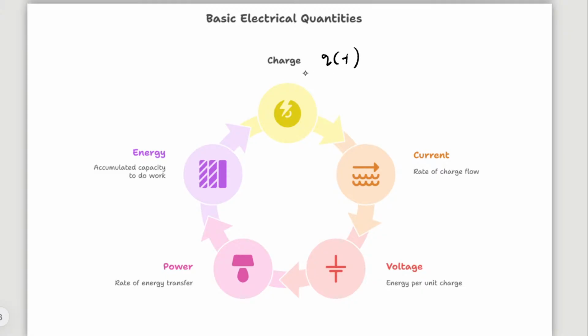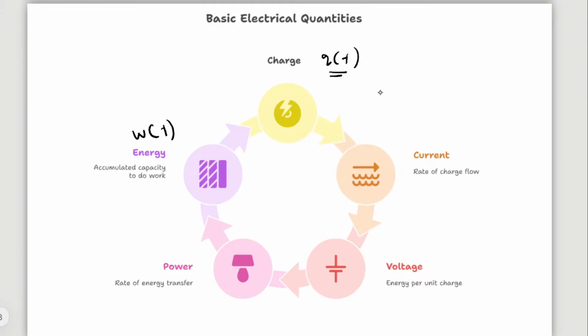I am representing charge as a function of time, that is q of t. Similarly, for energy I am representing w of t. Energy is nothing but accumulated capacity to do work.